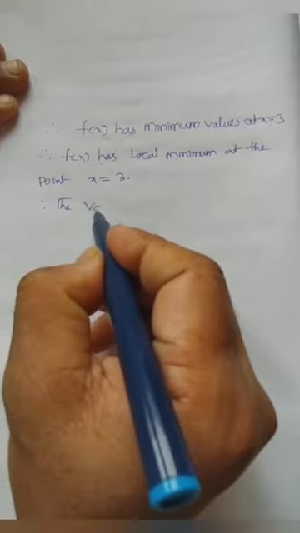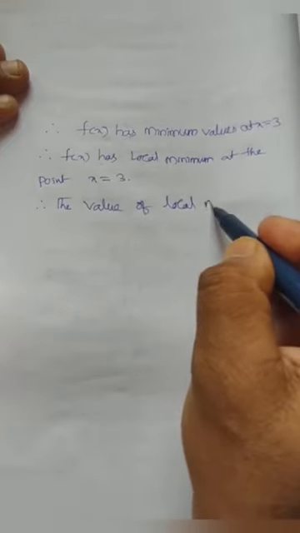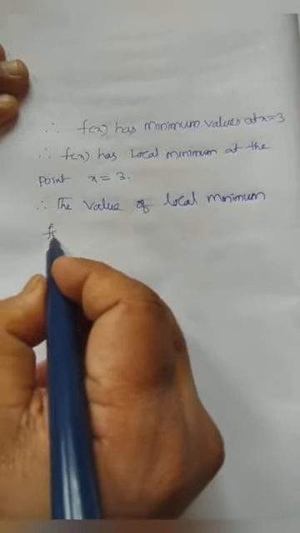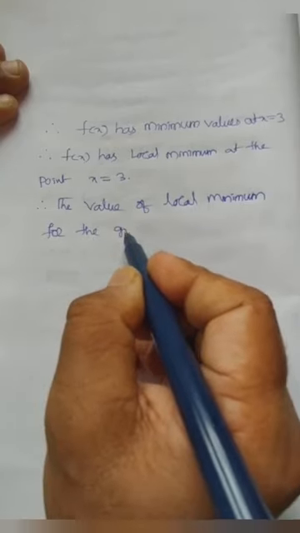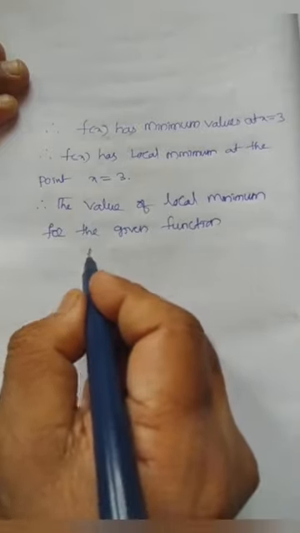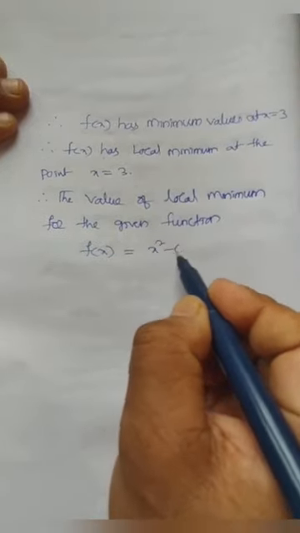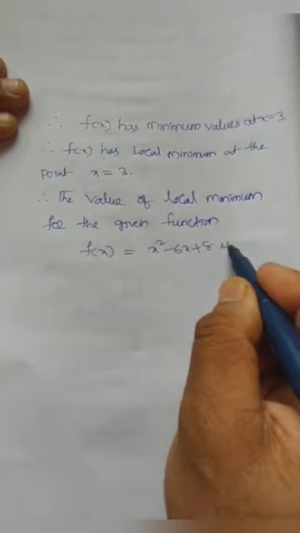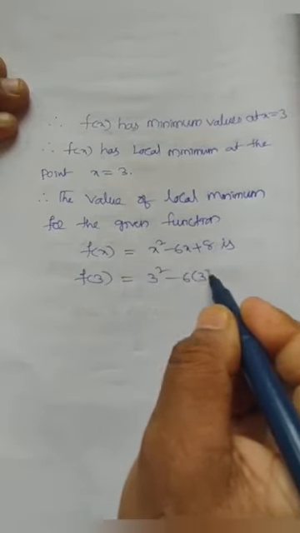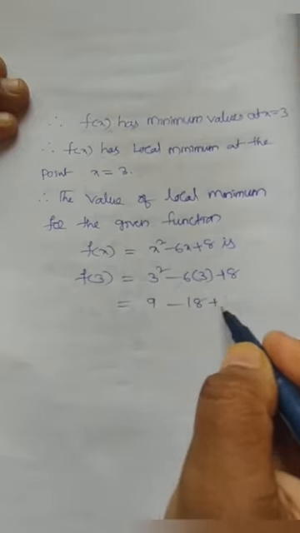The value of local minimum for the given function f of x is equal to x square minus 6x plus 8 is f of 3 is equal to 3 square minus 6 into 3 plus 8, that is equal to 9 minus 18 plus 8.